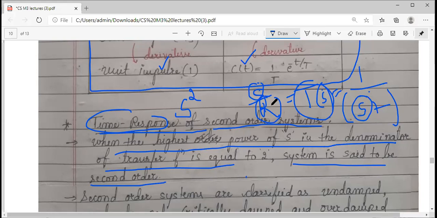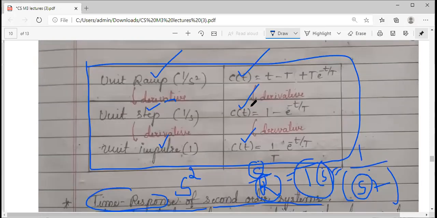And what is R? It is the reference input, right? In your syllabus, the time response of both first order and second order systems is given only for unit step input. But in the previous session, we took 3 different inputs and saw how the output changes when the input is changed, as we can see in this table.